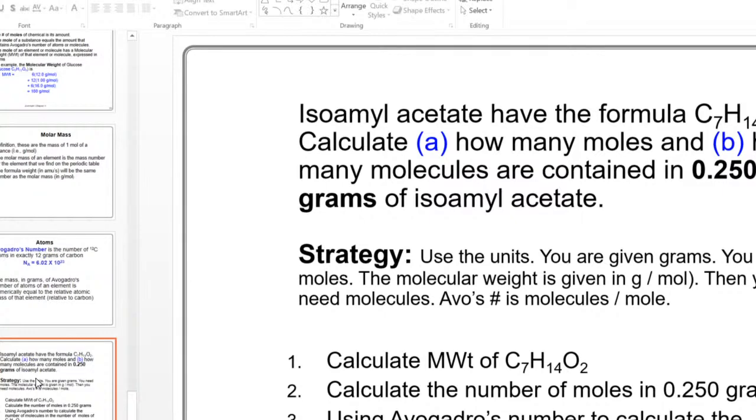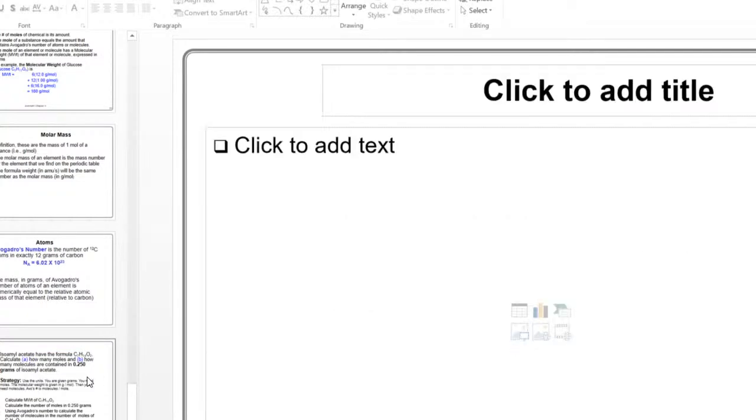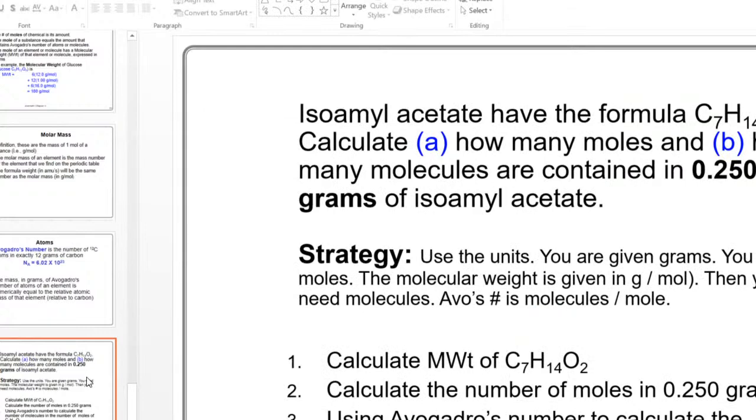We'll look at how to determine this. We start with A. A is asking how many moles are present in 0.25 grams of isoamyl acetate. For us to determine how many moles are present, we need to calculate the molecular weight. How do we determine molecular weight? We sum up the atomic masses of each of the atoms present.